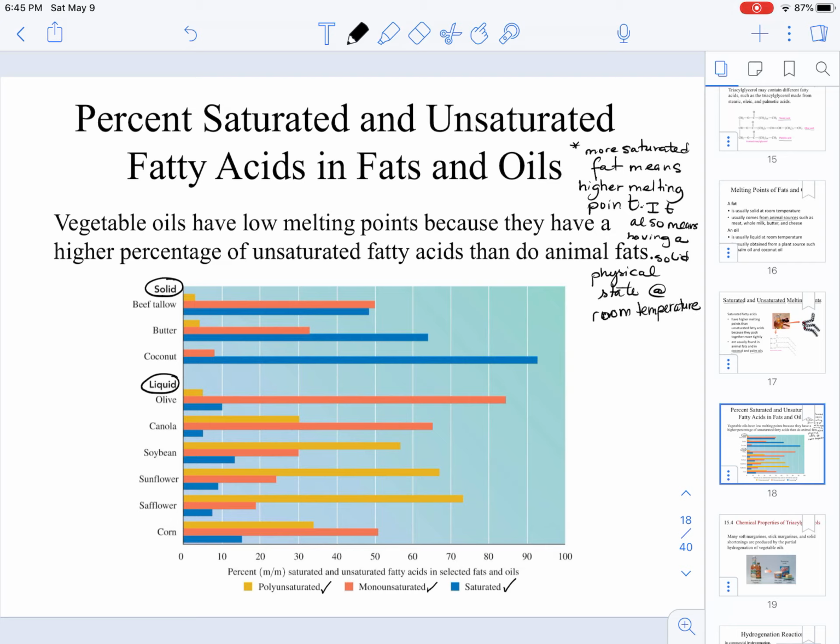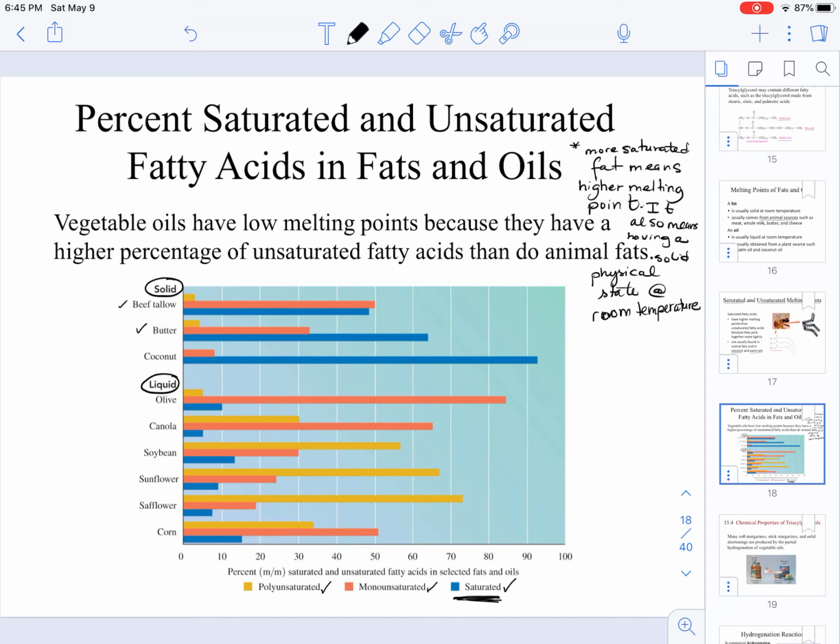And as we can see here, all of the triacylglycerols that come from animal sources, like beef tallow or butter, are solid because they have a high percentage of saturated fat.